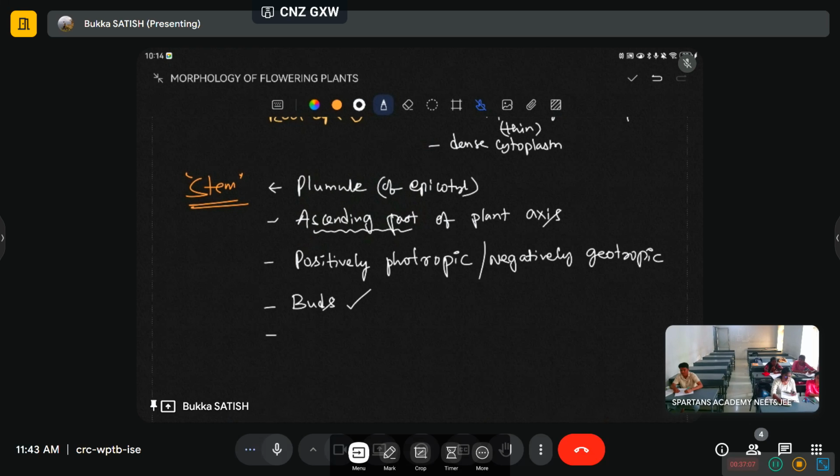Is the potato a stem or a root? Hey, what happened?